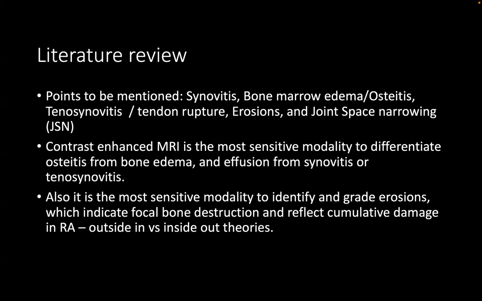It has been seen that erosions and joint space narrowing usually represent the cumulative load of the disease in a patient. However, synovitis, osteitis, and tenosynovitis represent the present load, or they are the surrogate markers of the inflammatory disease happening in the whole body in rheumatoid arthritis.